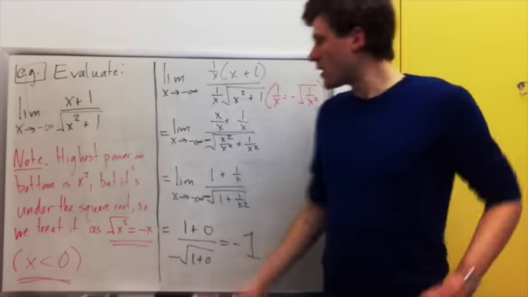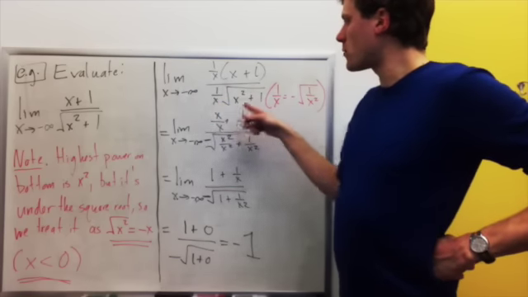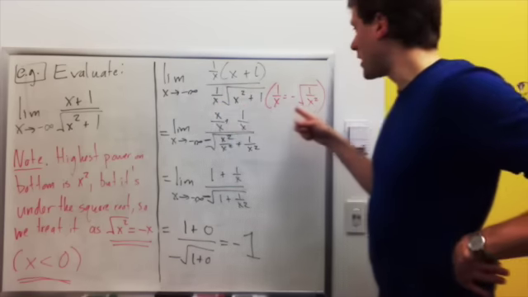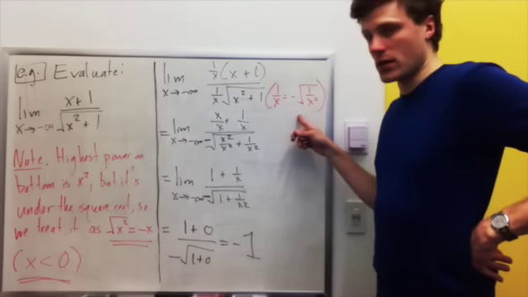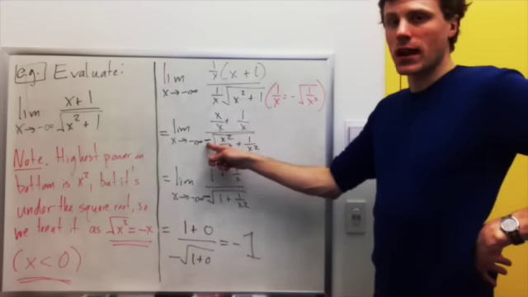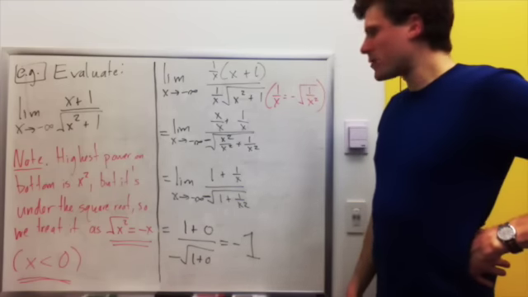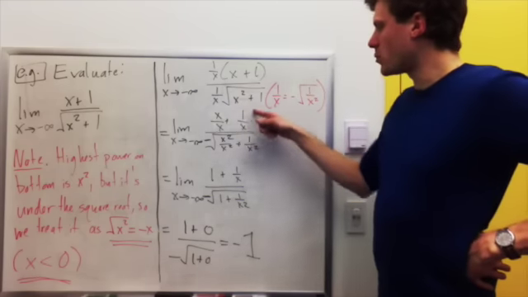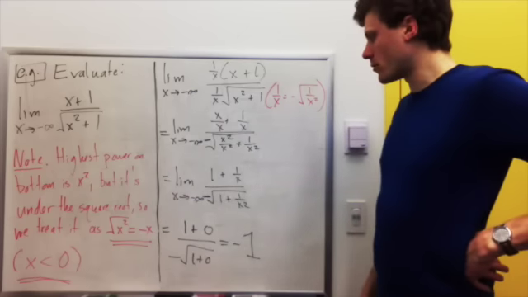So I do the same thing. I multiply the top and bottom by 1 over x, and when I bring the 1 over x underneath the radical this time, 1 over x is equal to the negative of the square root of 1 over x squared. So that means that when I bring that inside, I end up with a negative sign out in front on the bottom. But otherwise it looks the same as last time. x over x plus 1 over x, all over negative square root of x squared over x squared plus 1 over x squared.